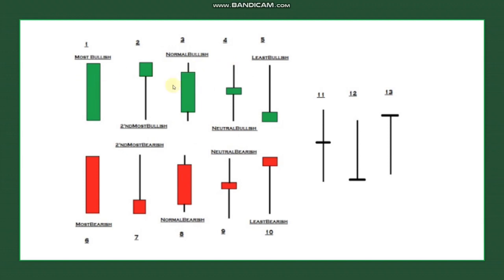These three are good signs for a bullish market, but this is not. This is the least bullish. Though the color of the body is green, when the market was trying to go up, it could not sustain at that price, which means there are some sellers sitting above and not allowing the market to go up.